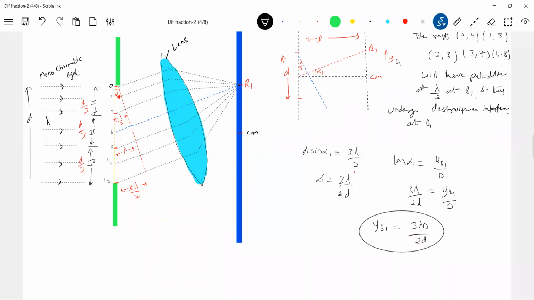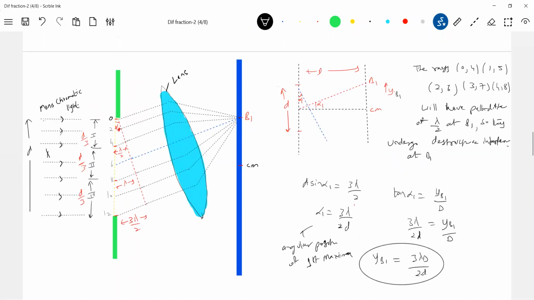So what is this? This is the position of the first maxima. These are very important. Okay, fine. So now we can proceed very easily.